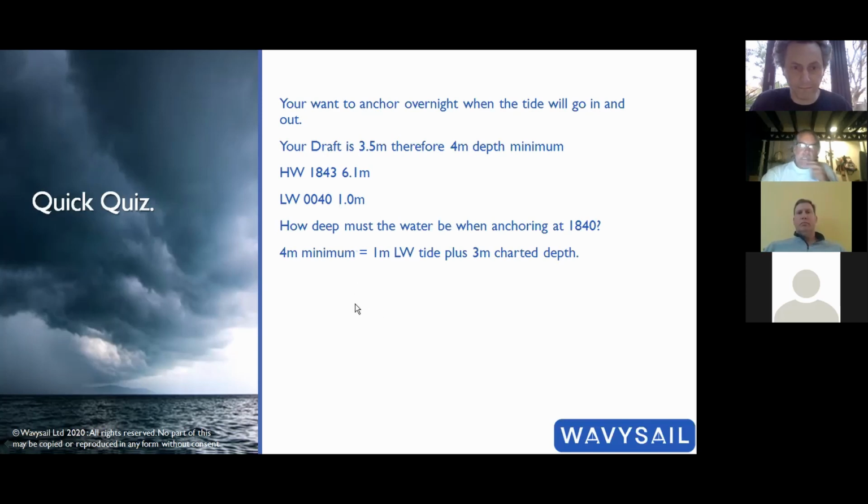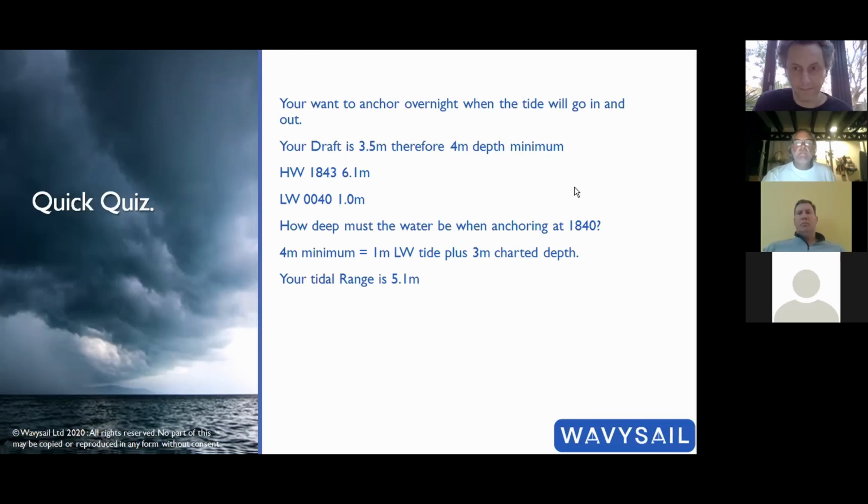Okay, so we need a 4 meter minimum. So 1 meter of low water plus our 3 meters charted depth. That will give us 4 meters minimum at our low water time at midnight 40. Currently we're at high water and it's 6.1 meters. So our tidal range is 5.1 between the two. That means the water is going to drop 5.1 meters.